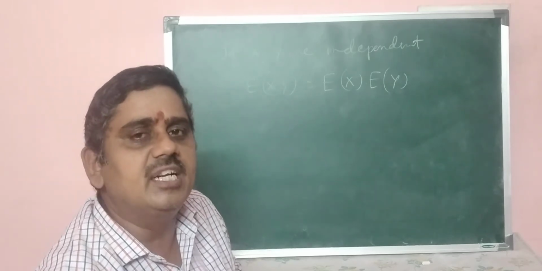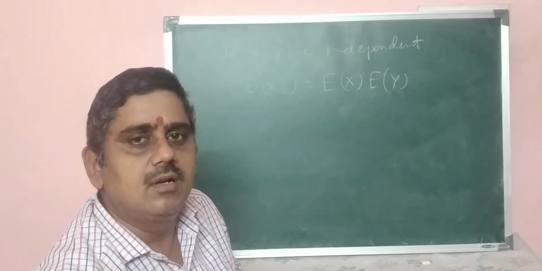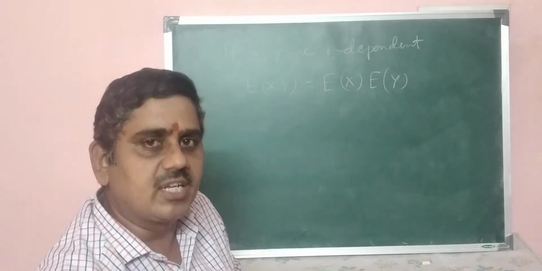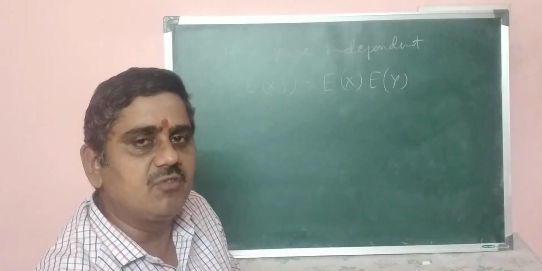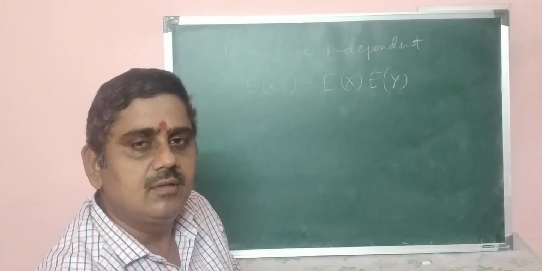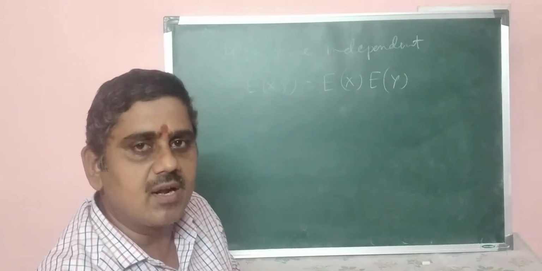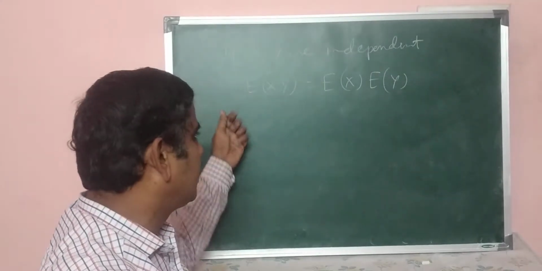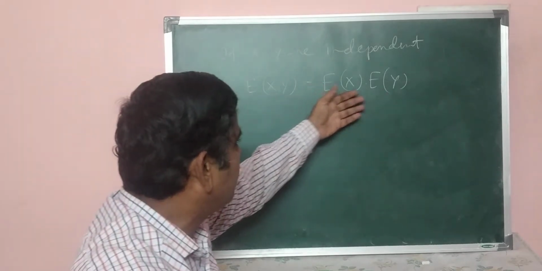In the probability density function of random variable case, f of xy is equal to f of x into f of y. Then x and y are said to be independent random variables. Like that, here expectation of xy is equal to expectation of x into expectation of y.